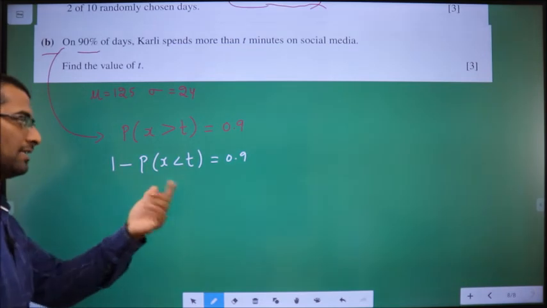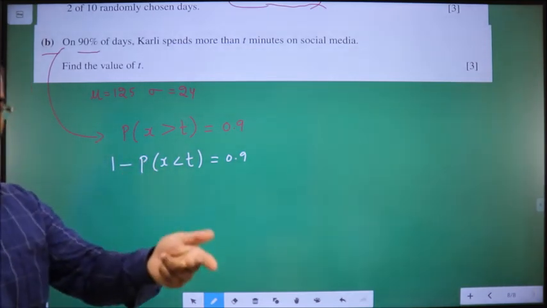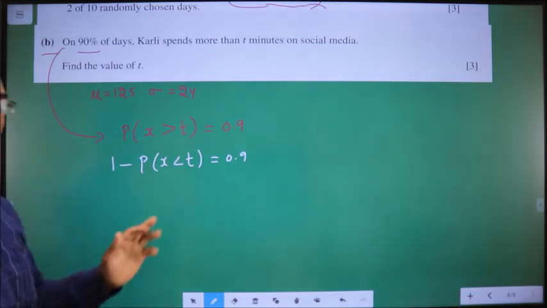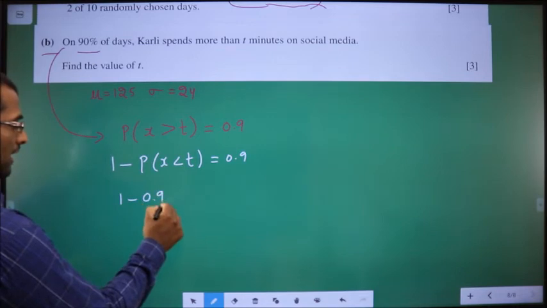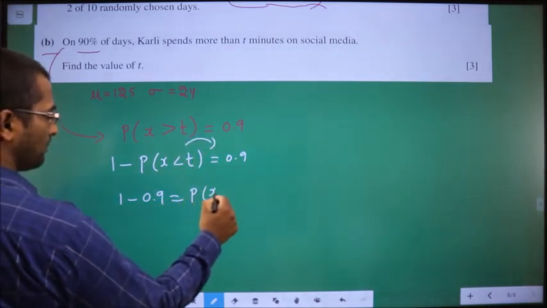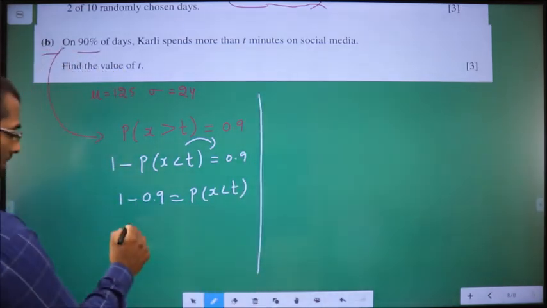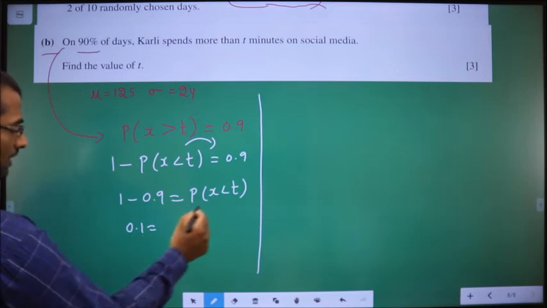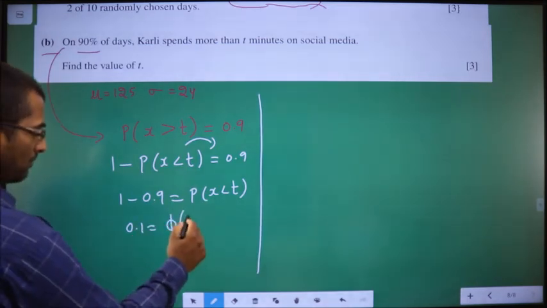If I do 1 minus, then I get, change the symbol. Now bring all numbers one side. So 1 minus 0.9 and send this thing to the other side. P of X less than T equals 0.1. Here less than, so I can bring phi into the sum now.